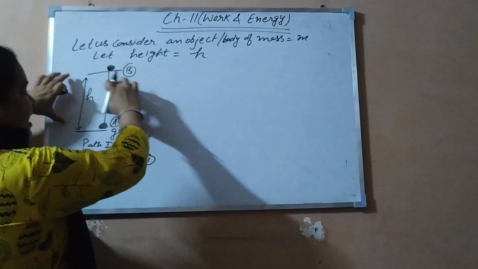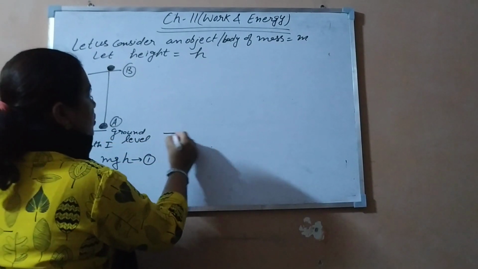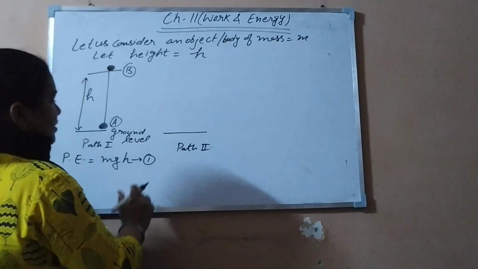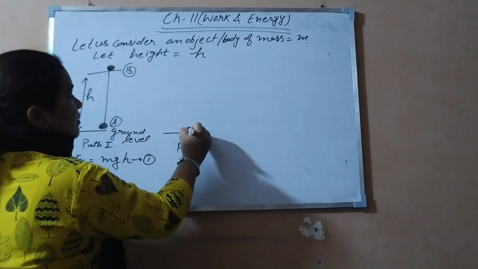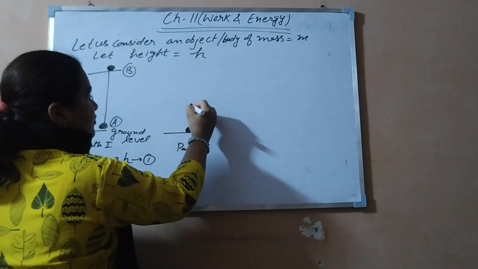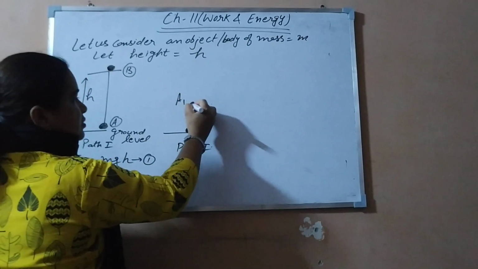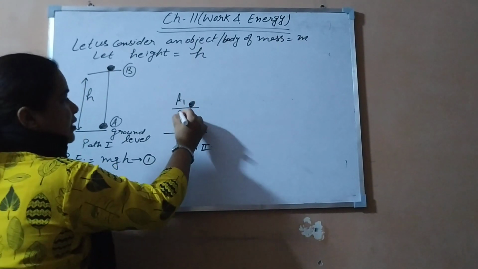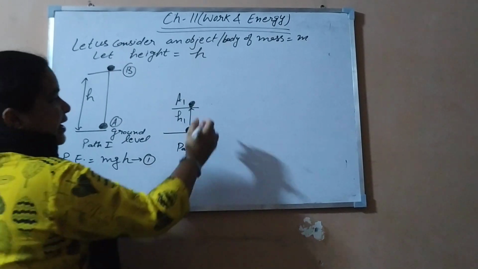Now the same height we have to raise the object, but by a different path. This is the ground level, and this is path 2 followed by the body. Instead of raising it directly, we first take it from position A to position A1, and let us take this height as h1.